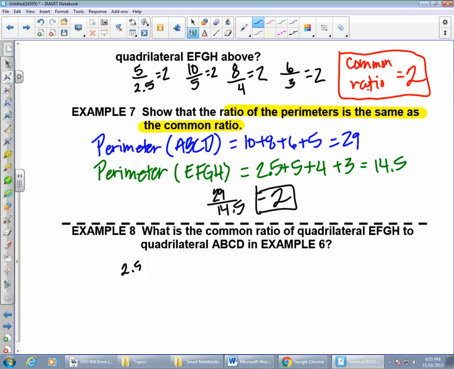We get 2.5 over 5, 5 over 10, 4 over 8, and 3 over 6, and all of these simplify to a half. So the common ratio of EFGH to ABCD is a half.